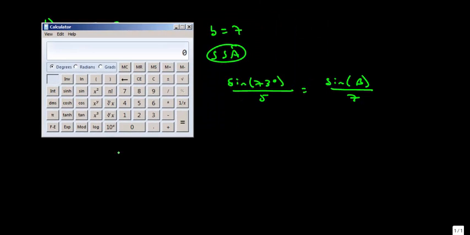So here, I've got the sine of 73 degrees, divide that by 5, multiply that number by 7, I get 1.3 something.